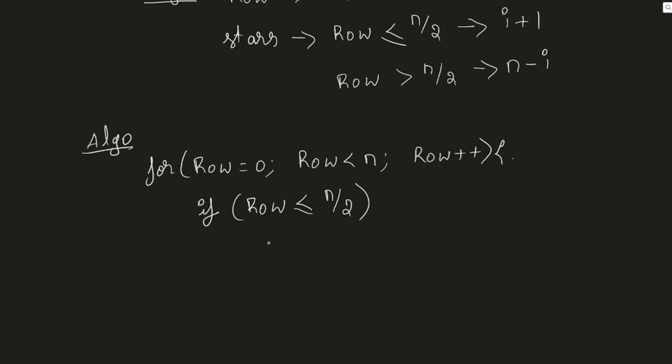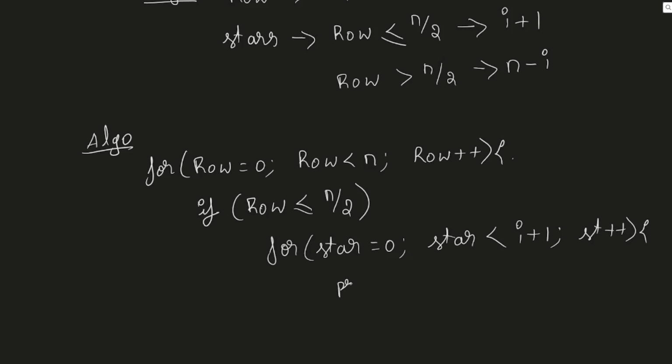If it is lesser than or equal to n by 2, we can have a for loop here for printing stars which starts from 0, goes till I plus 1, star plus plus. Print star without new line character.